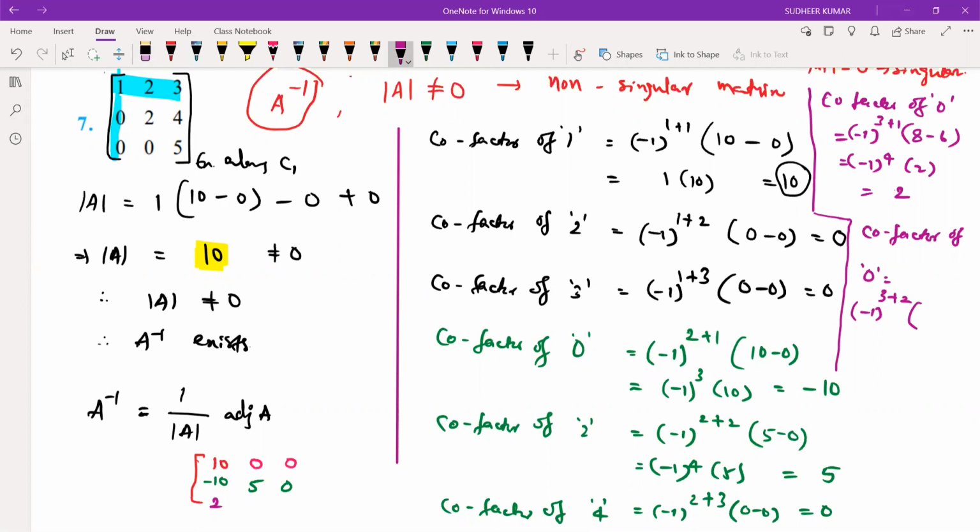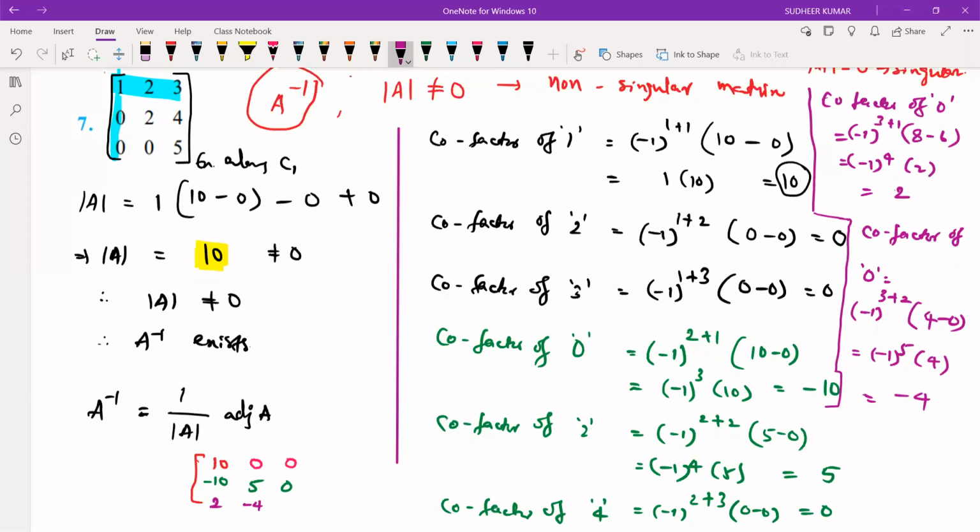So 4 minus 0 is 4 only. Minus of odd power is minus 1. So this is minus 4.